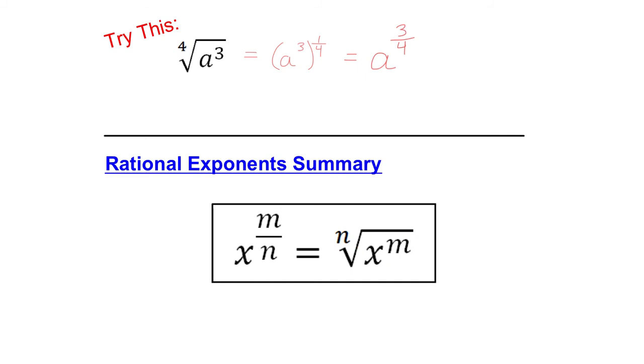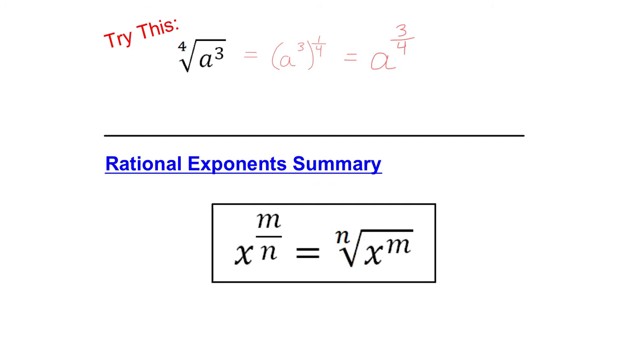So up here, a to the exponent 3 over 4 is the same as the fourth root of a to the exponent 3. So whatever your base is, the numerator of your exponent stays as the exponent on your base. The denominator of your exponent becomes the index to tell you what kind of root you're taking.